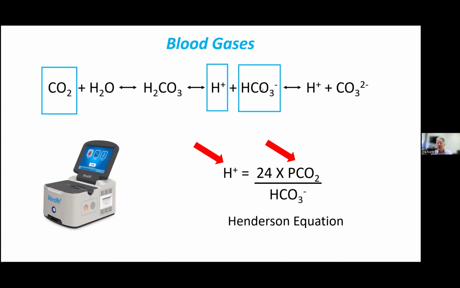It does not measure the bicarbonate. It doesn't measure the carbonic acid, and it doesn't measure the carbonate. So it's measuring two of the four substances again: the dissolved carbon dioxide concentration, and the pH. It's not measuring carbonic acid, bicarbonate, or the carbonate.